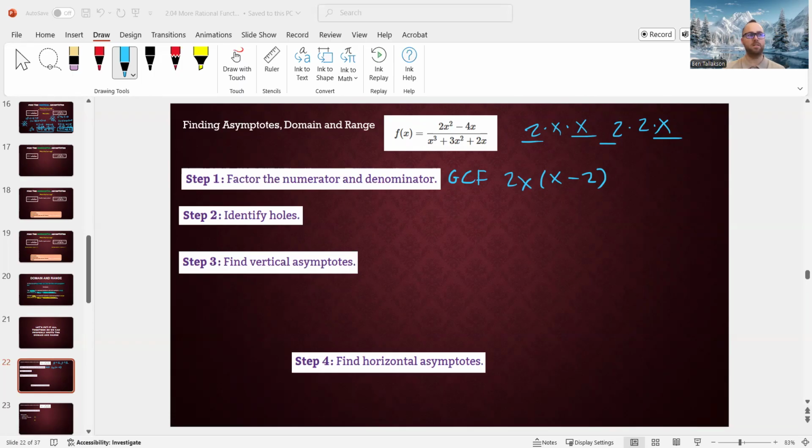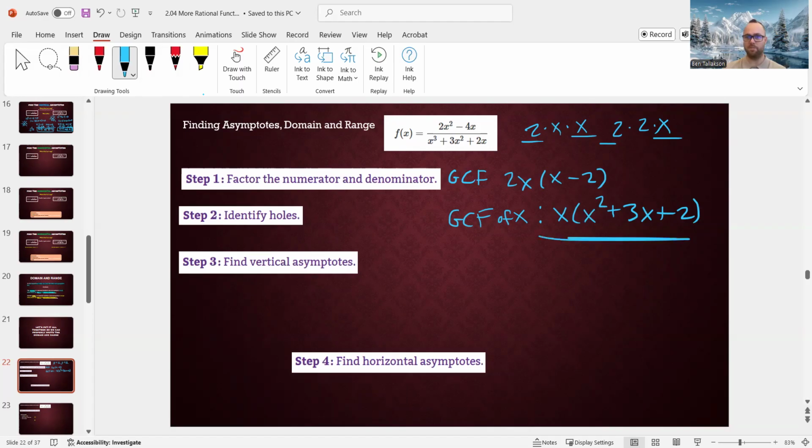So we can't just use the x method right away, can we? What we have to do instead is notice there's also a GCF of x, right? So what can we do? We can factor out the x. That gives us x squared plus 3x plus 2.